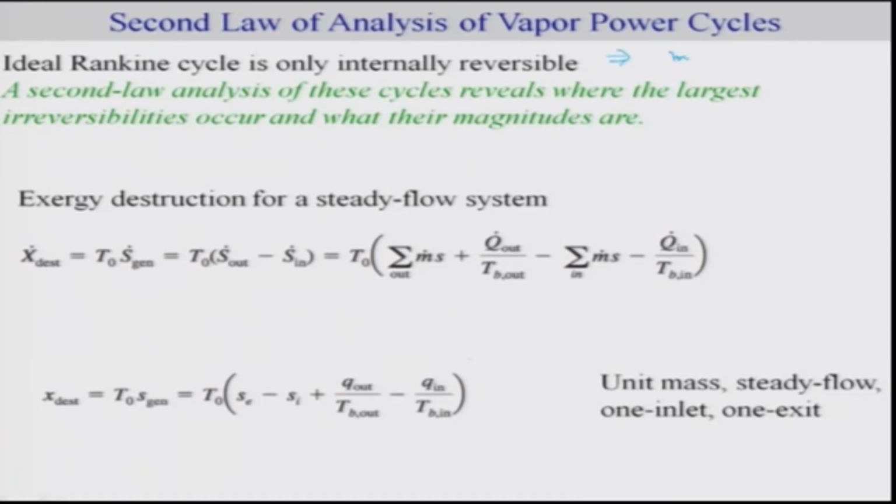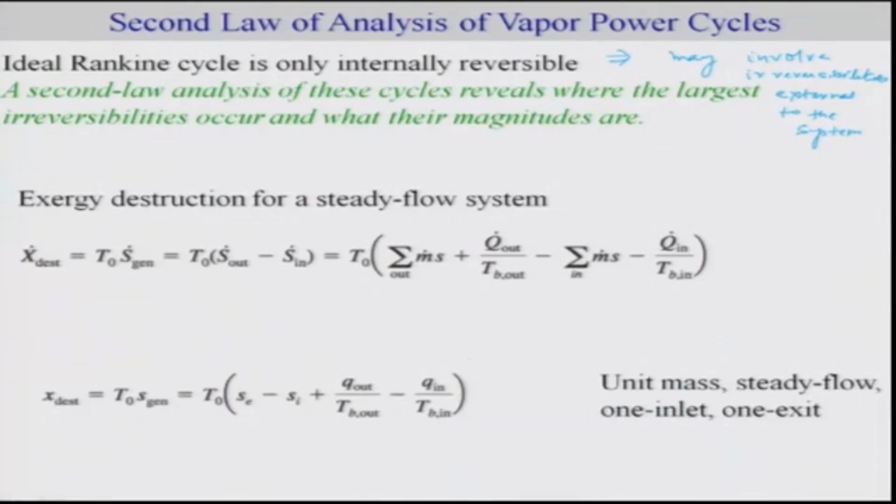So, this may involve irreversibilities external to the system, and thus it will be very useful to make use of second law of thermodynamics analysis in order to find the largest irreversibility of the system.